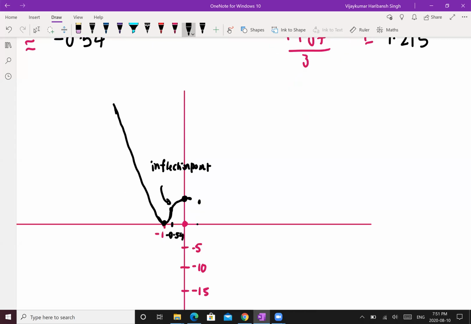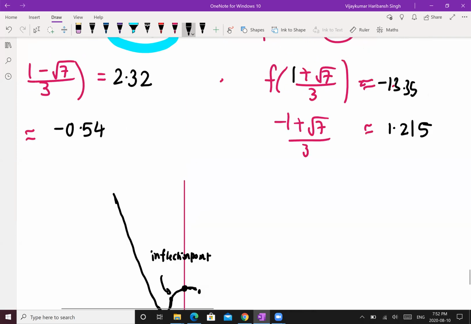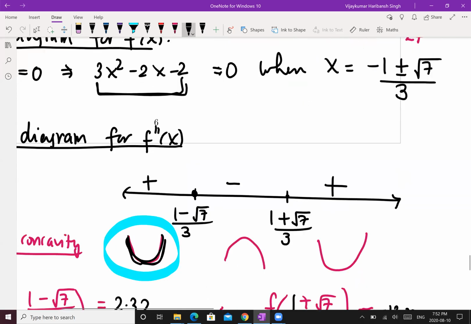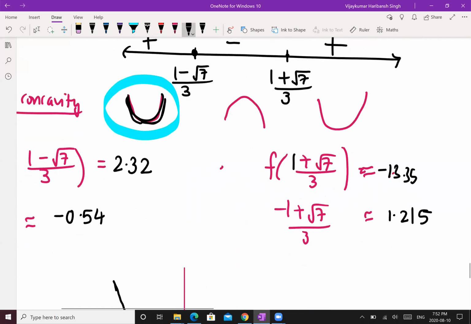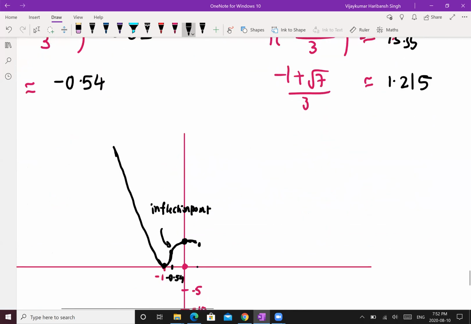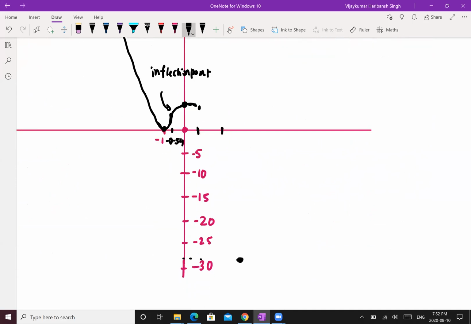After that, after 0, the function starts decreasing, but we should mark the inflection point now. We'll have a local minimum at 2, and the function basically goes down.